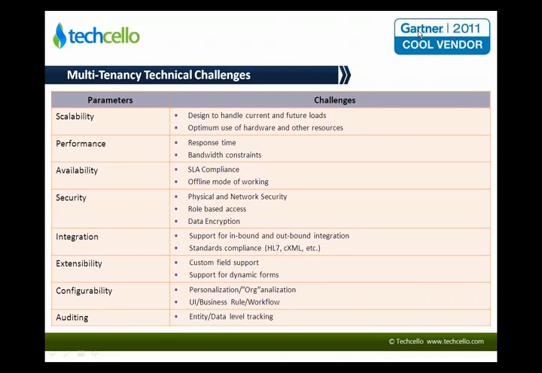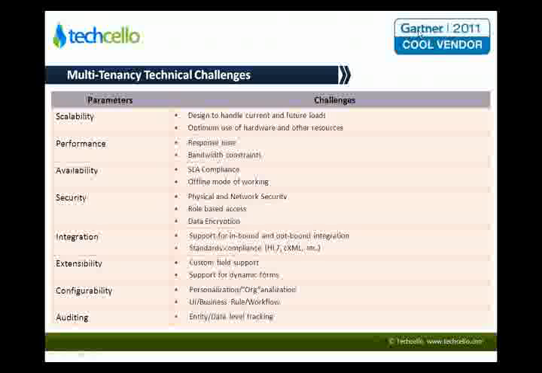Assuming one organization has made a decision to move towards multi-tenancy, let's look at what it takes to build such an application. Most developers think that multi-tenancy is all about filtering the data at the database end.